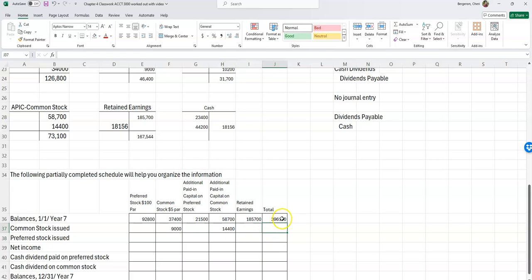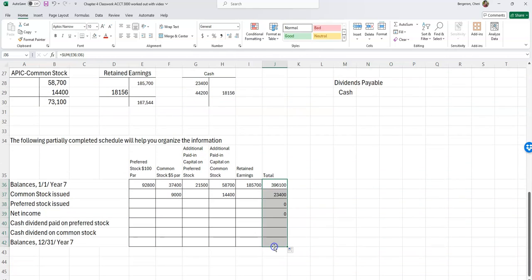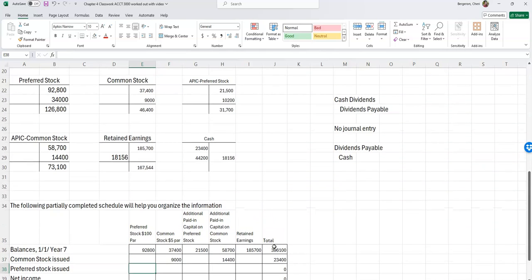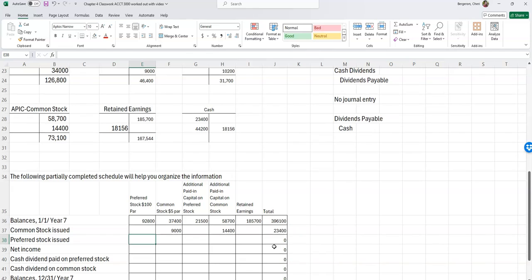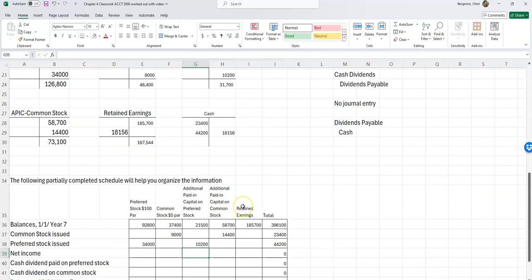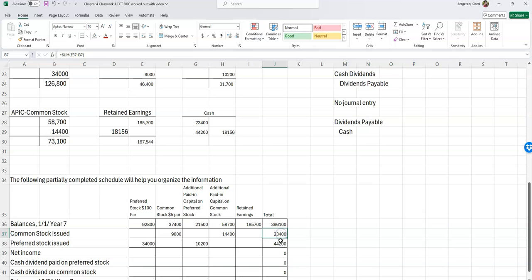And I'm just going to copy this formula down, grab that fill handle, hold it down, and copy. And then when we issued our preferred stock, we put preferred stock at par of 34,000. And then additional paid in capital for preferred stock was 10,200. I see that right there. And you can see that these totals equal the total of cash that we got for those issuances.